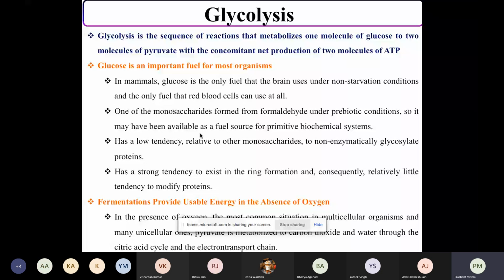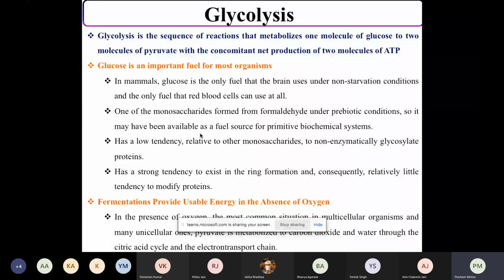So the first step of metabolism is that you convert polymers into monomers. When you convert starch to glucose, that is the first step in metabolism, and during this process you do not get any energy.